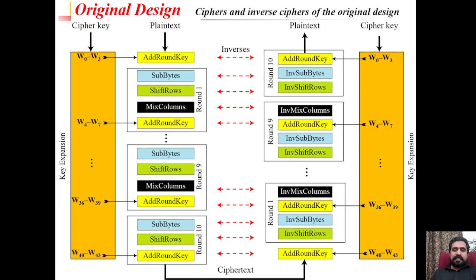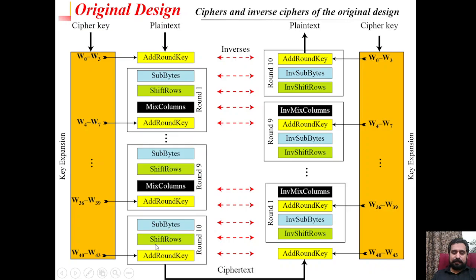Here is the original design of AES as we discussed in previous slides, where we use W0 to W3 in the pre-round transformation, whereas in the first round we use W4 to W7. If we move to round 9, we see W36 to W39 used in the add round key of round 9.